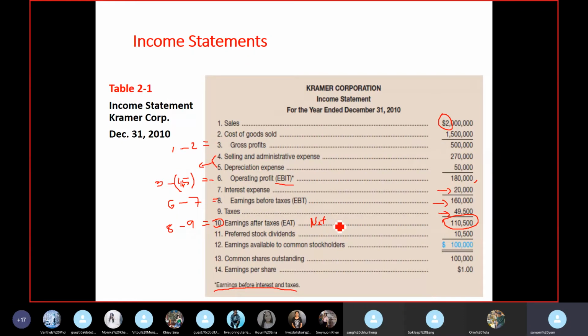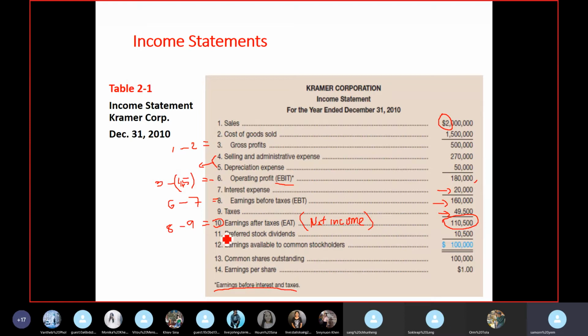But the term earning after tax is normally used in corporate finance, though a general company can also use it, and it just means the net income.